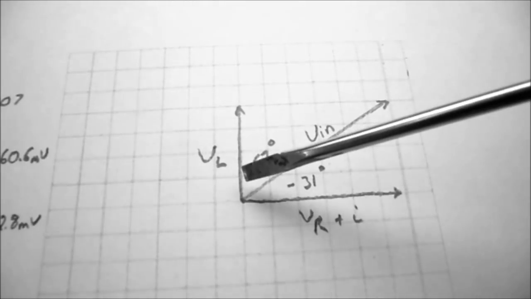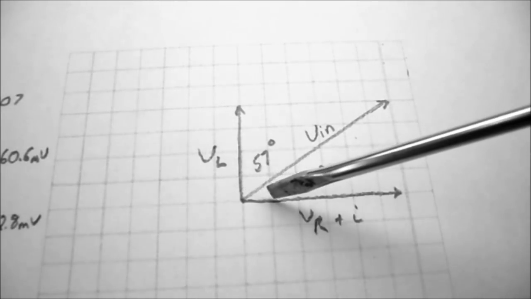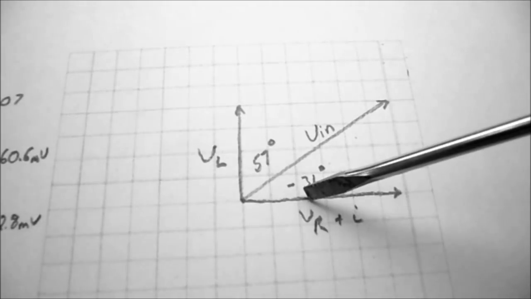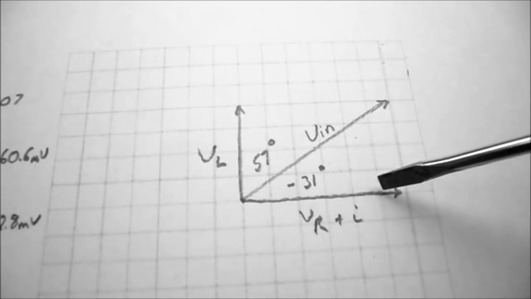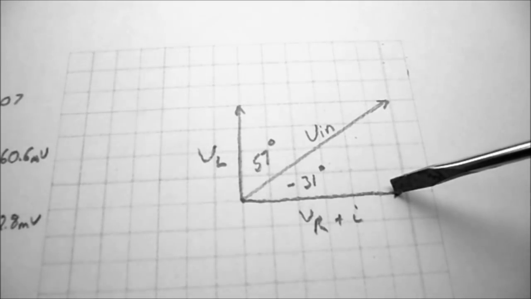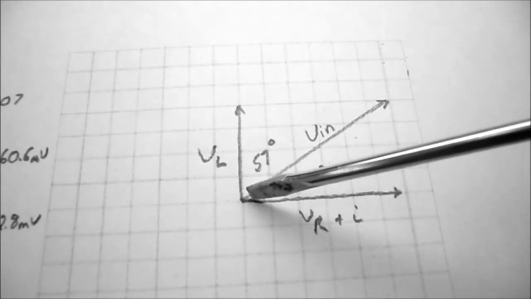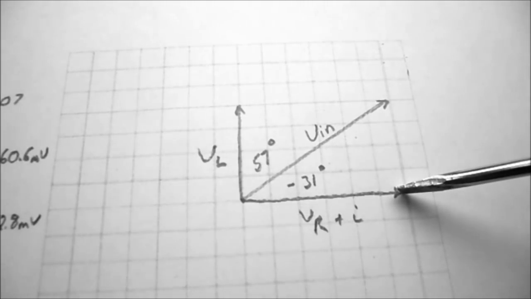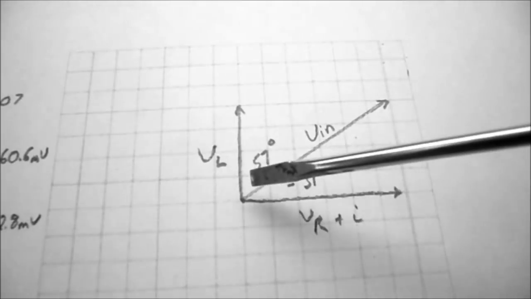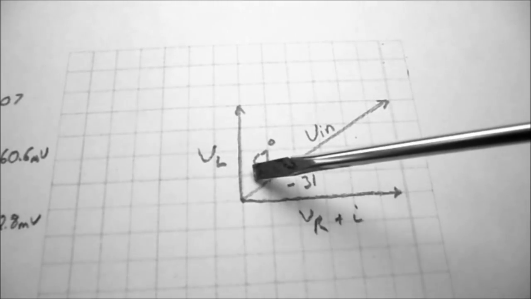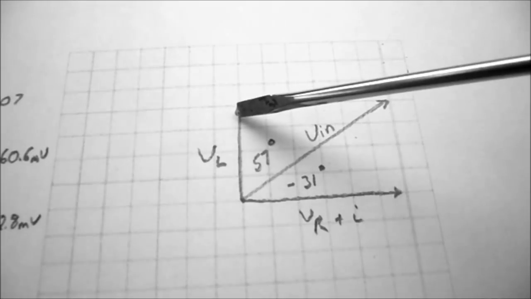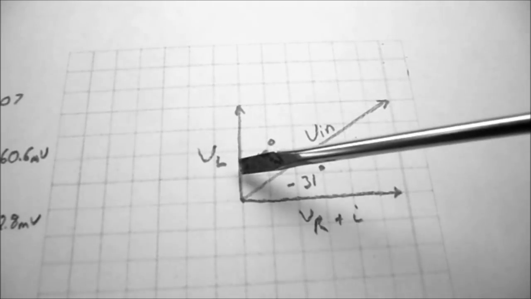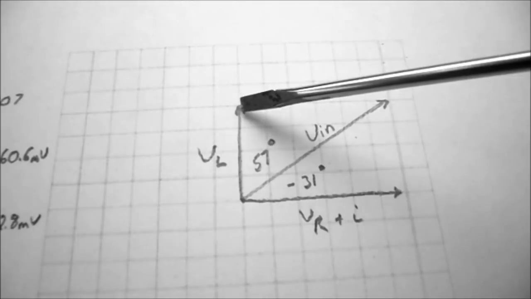So when plotting these, remember that VR is in phase with I, and the current is the reference in a series circuit. So VR and I, which are basically the same values of 572 versus 575, are both drawn along the horizontal axis. VL is at 90 degrees to VR, and VL was 360, so that's almost 4 divisions up.